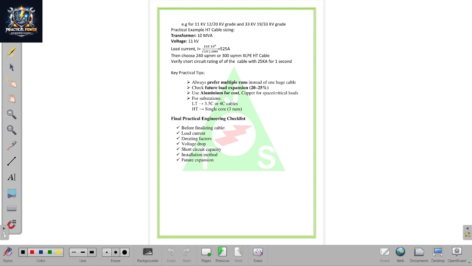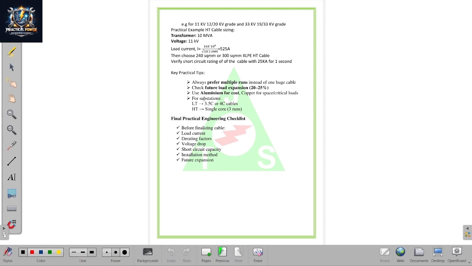Suppose the total current is matching with one single core cable. So for that we will prefer multiple runs to match the current. We have to take multiple runs instead of one single huge cable.